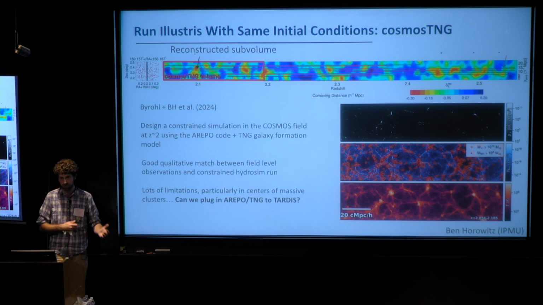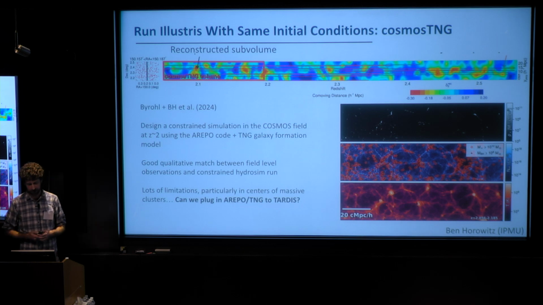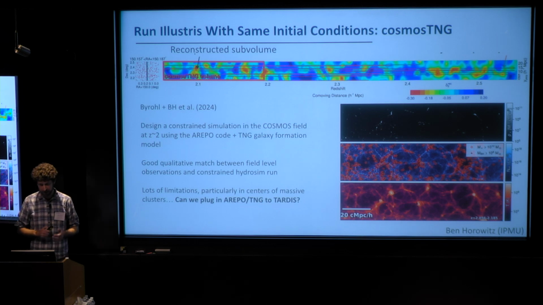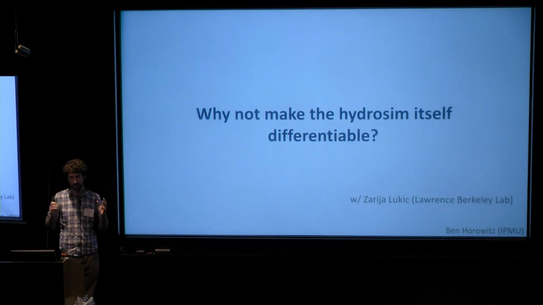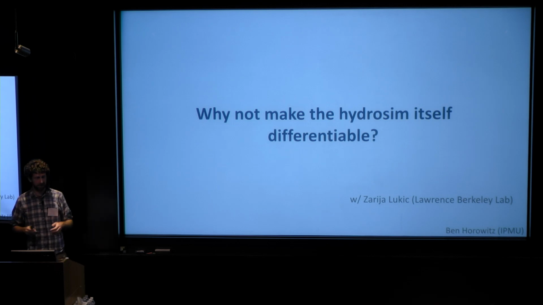Can we just run the hydrosim and iterate on the hydrosim outputs to do the same kind of reconstruction? And I guess the answer to that is not quite yet, but I'm working on it to try and make this actual hydrosim differentiable itself, to be the full forward model. And I don't actually know very much about hydrosims, so I like playing the buzzword salad here. But I'm working with Zarija Lukic at LBL, who knows a lot about hydrosims.